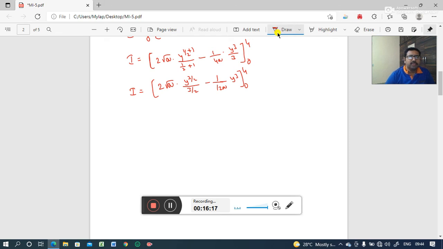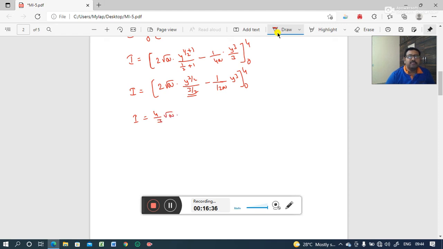So you can rewrite this as, since 3 by 2 is in the denominator, 4 by 3 square root of a.